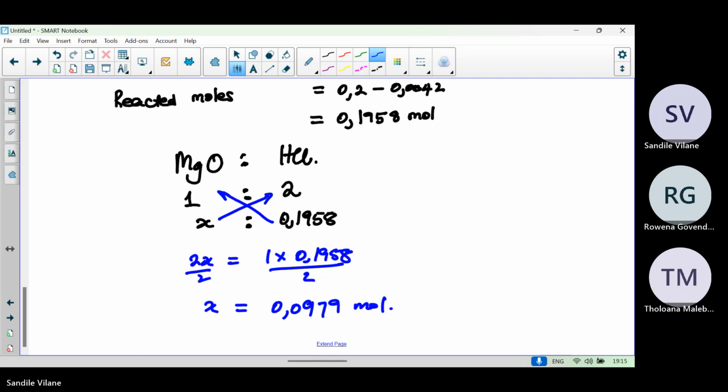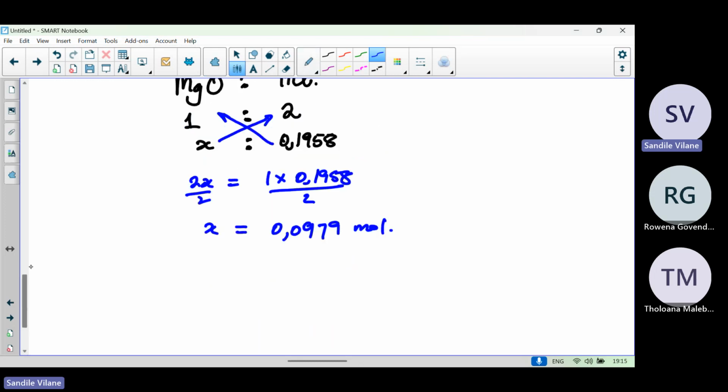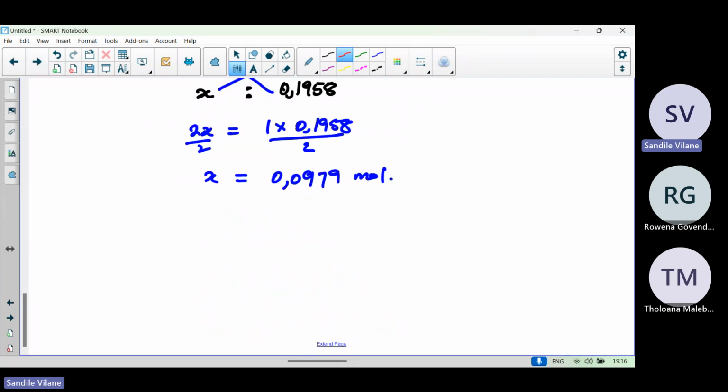Yes, sir. So these are the moles. And then from there, remember, the intention is to calculate the percentage purity. And in a percentage purity, we need to find the mass. So the question is indirectly asking us to calculate the mass of magnesium oxide that has reacted.